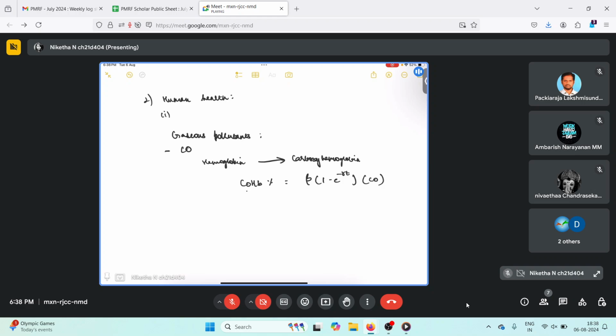So this is the saturation concentration of your carboxyhemoglobin, and beta is 0.1 percentage per concentration of carbon monoxide, and T is your exposure time. And CO is your concentration of carbon monoxide.